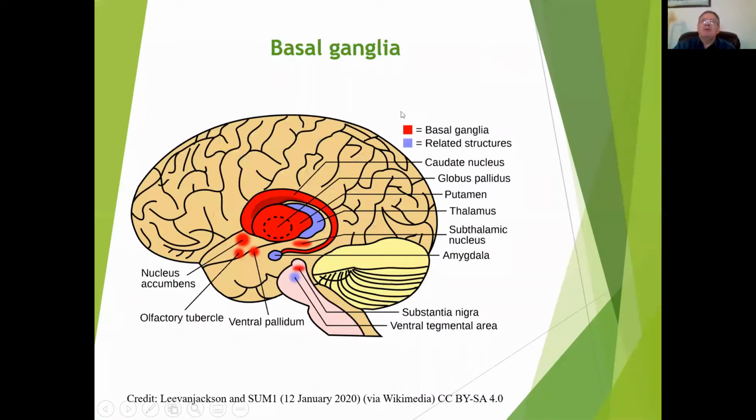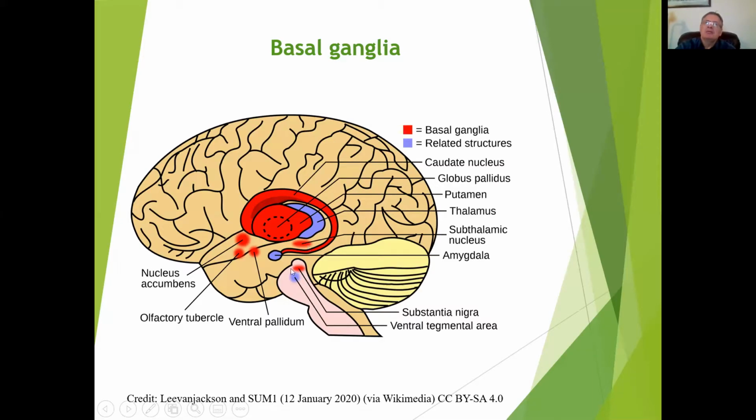The telencephalon also includes the basal ganglia, the structures shown in red here, which consist of several large nuclei embedded deeply in the white matter of the cerebral hemispheres, as well as extending to the diencephalon and also the midbrain.